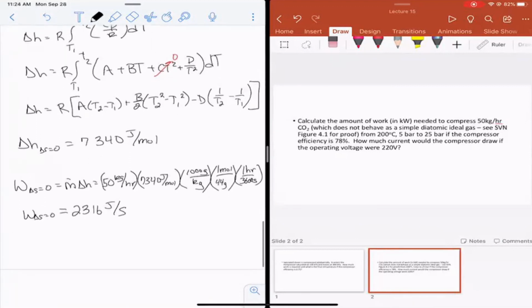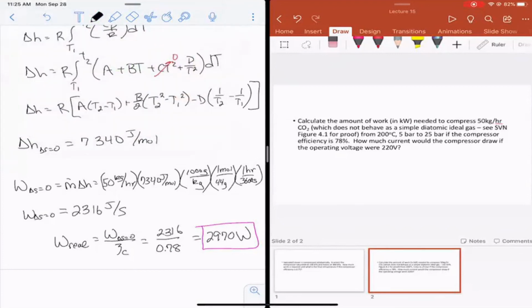And so this is the isentropic work. The real work is just equal to the isentropic work divided by the compressor efficiency. So this is 2,316 divided by 0.78, and that is equal to 2,970 watts. That's the real work being done by this compressor, 2,970 watts.